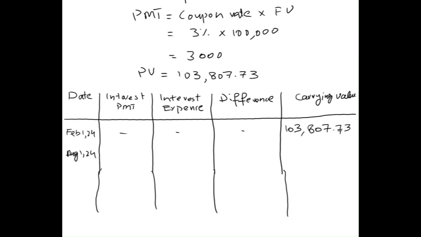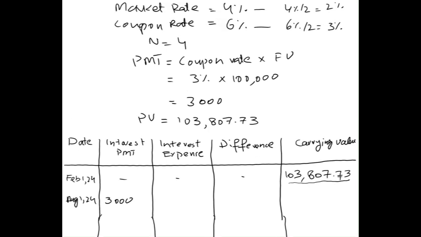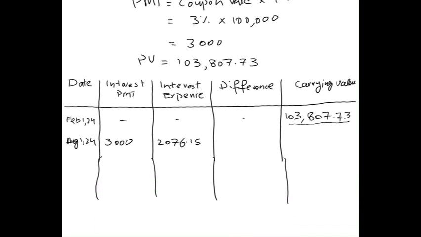Again, the interest payment will be this one, coupon rate times future value. This does not change, so it will always be 3,000. Interest expense will be this carrying value times the market rate, which is here 2%. So this will come out to be 2,076.15.